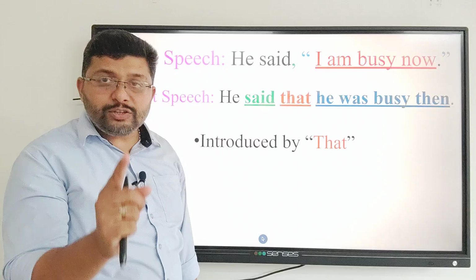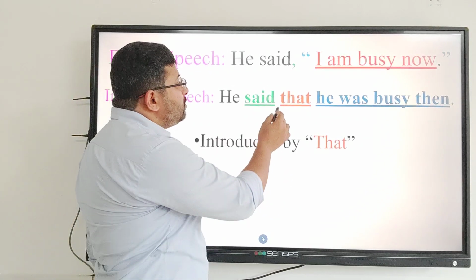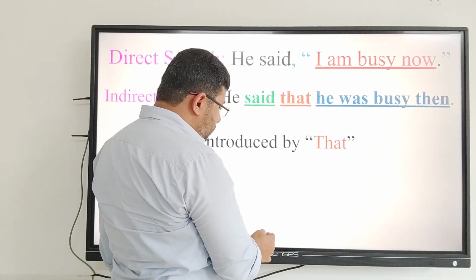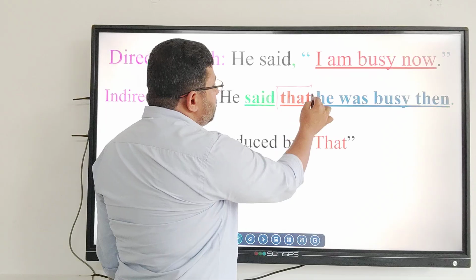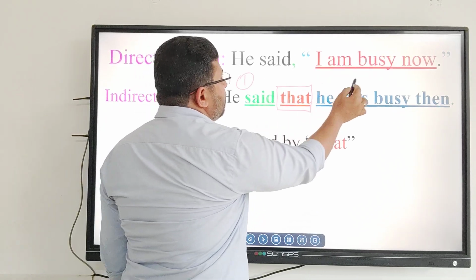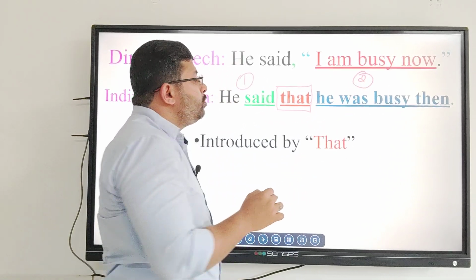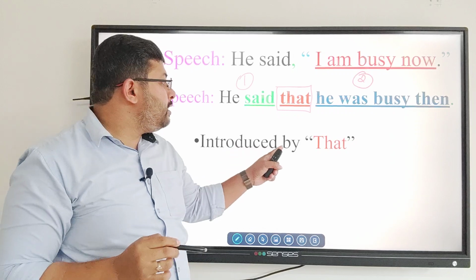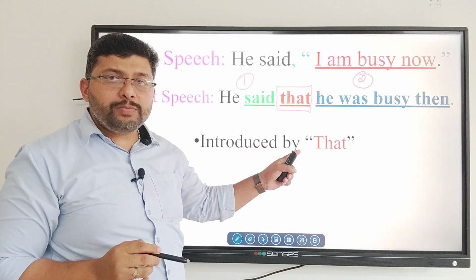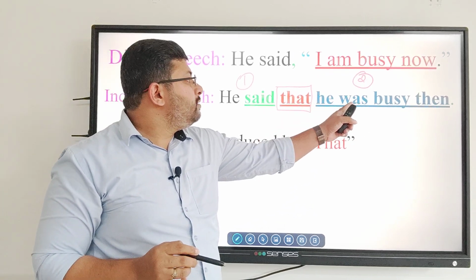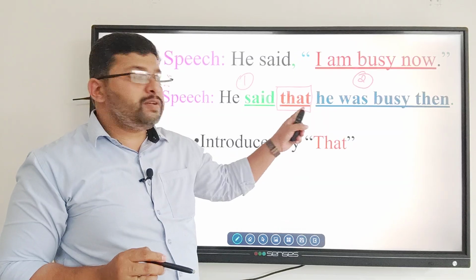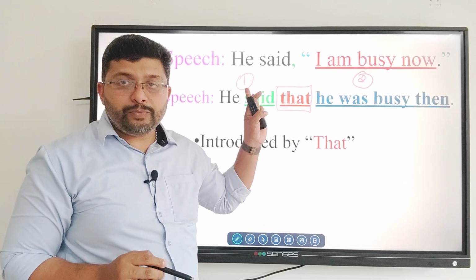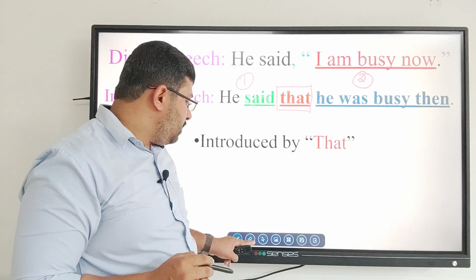That is a conjunction that connects these two parts, part number 1 and part number 2. So that's why it is written here, introduced by that. What is being introduced? "He was busy then." This part is introduced after that. Okay, I hope it's clear.